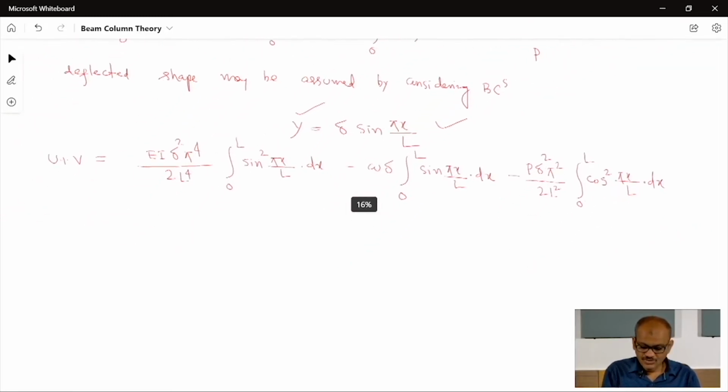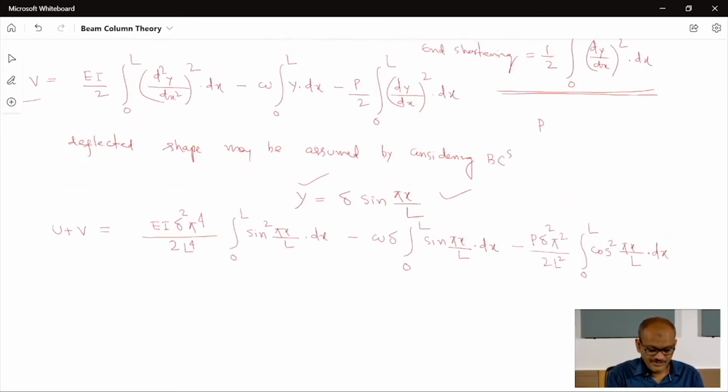So, this is the total potential energy. EI, if you substitute it, if you twice differentiate and square, automatically this will be pi to the power 4th. This you can check it.